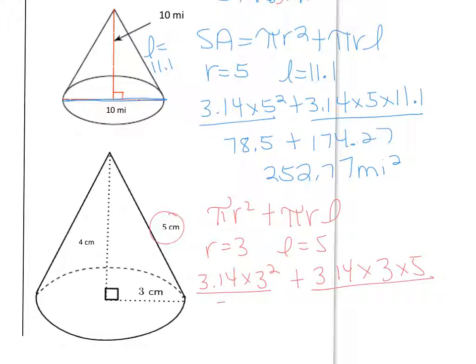Multiply, you'll get 28.26. And multiply your second set, and you'll get 47.1, and then add them up, you'll get 75.36 centimeters squared.